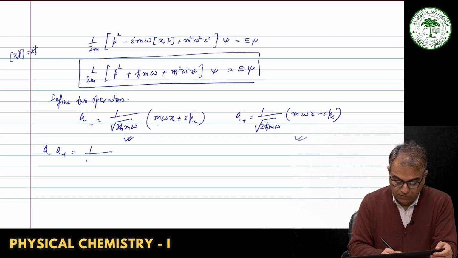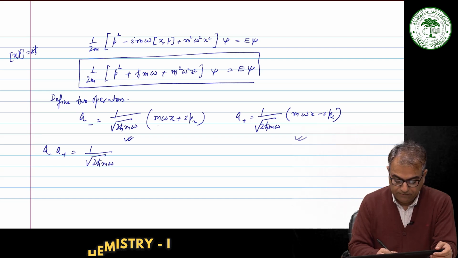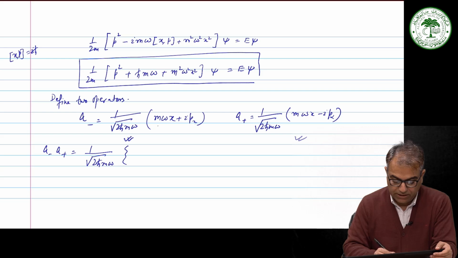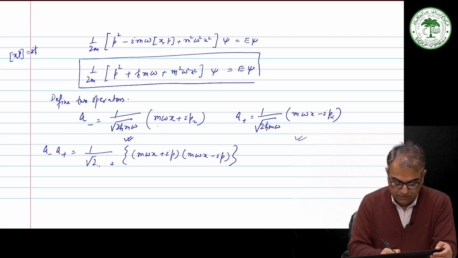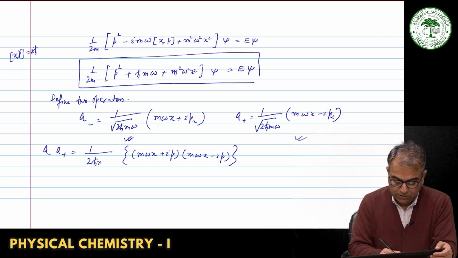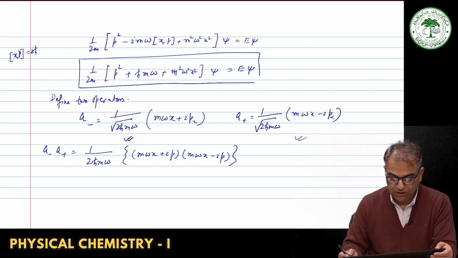It will be 1 by 2 h cross m omega, times m omega x plus i p, times m omega x minus i p. Instead of this I write 2 h cross m omega, because it will be a multiple of both A minus and A plus.